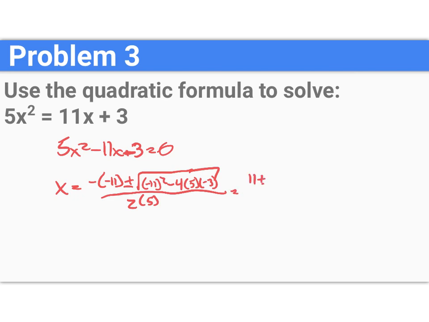So 11 plus or minus the square root of 121. 4 times 5 is 20 plus 60, all over 10. So you get 11 plus the square root of 181 over 10, and then 11 minus the square root of 181 over 10.